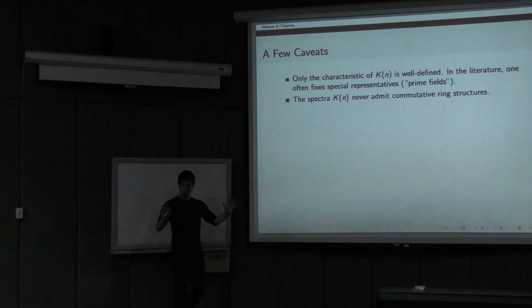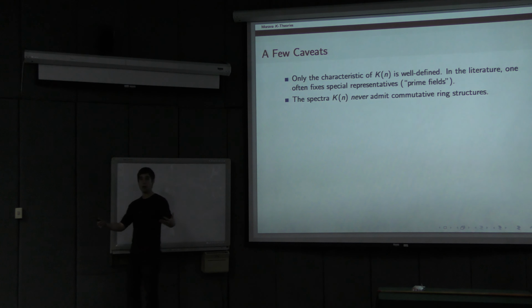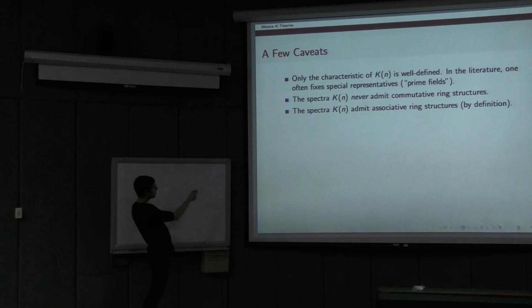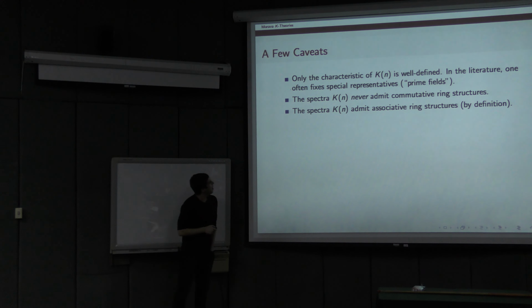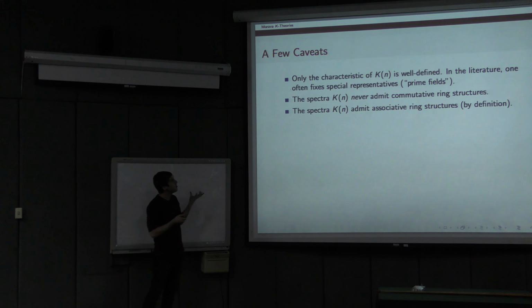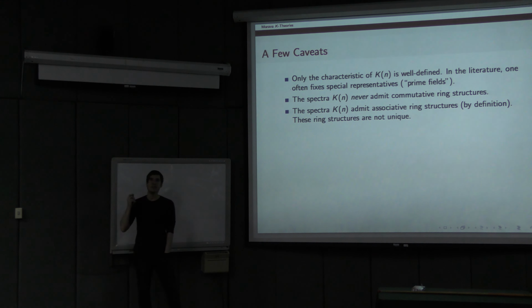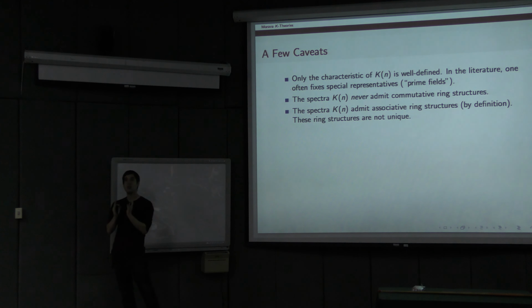It doesn't admit a commutative ring structure, and it admits an associative ring structure in many different ways, and that's the next point I want to make. These K(n)'s are cohomological fields, so by definition they're associative ring spectra. But typically, the ring structures on these K(n)'s are not unique, even when you choose the K(n)'s to be as small as possible.